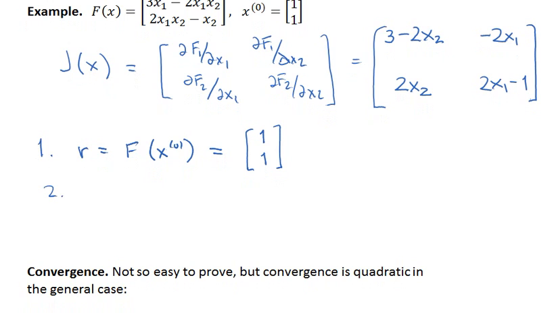Step 2, evaluate the Jacobian. So you plug in 1 for both variables, we get 1, negative 2, 2, 1.